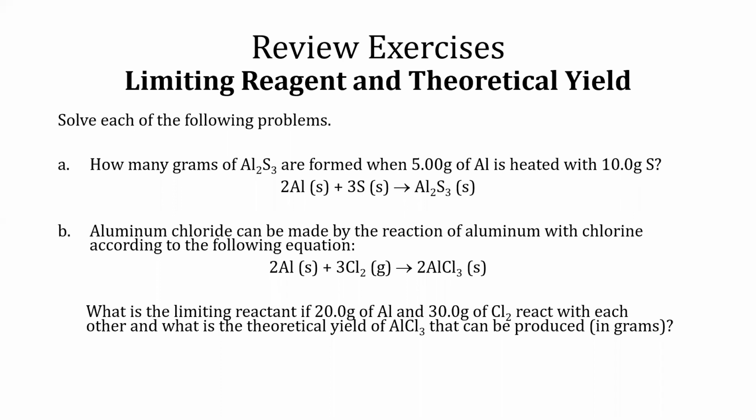B, aluminum chloride can be made by the reaction of aluminum with chlorine according to the following equation. 2Al plus 3Cl2 forms 2AlCl3.